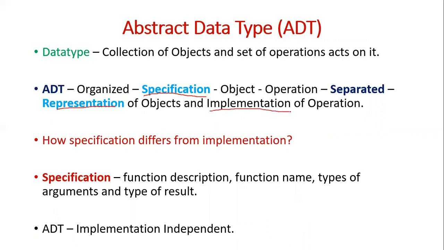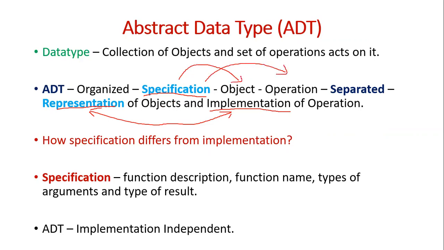Representation and implementation are both the same. Okay, fine. So these words are important. Basically, an ADT, abstract data type, is a data type which is organized in such a way that the specification of the object and the specification of the operations performed on the object are separate.